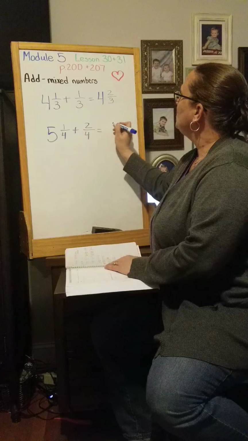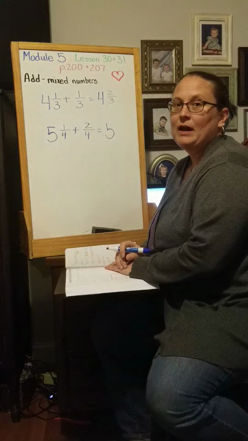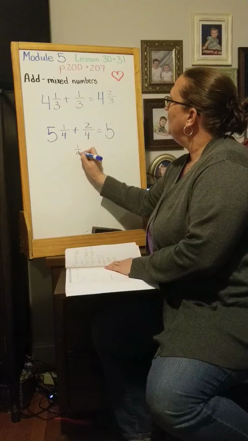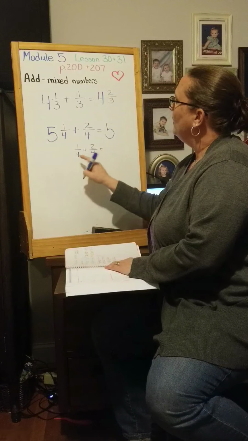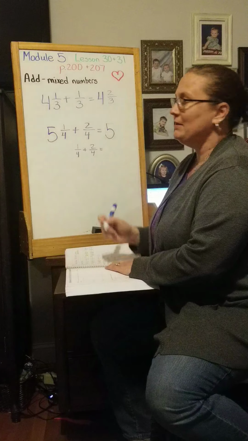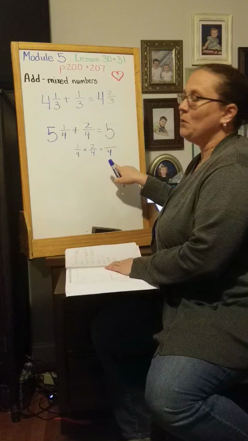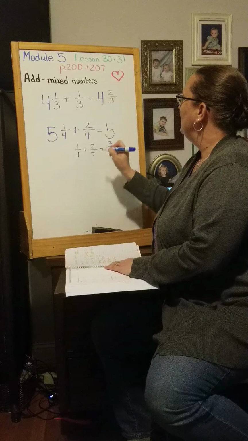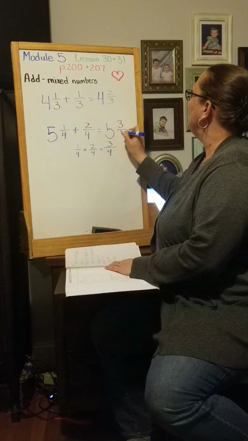So we would have 5 wholes, and then you're going to add your fractions. So again, we have 1/4 plus 2/4. We have a common denominator, so we can just leave our denominator the same. 4ths plus 4ths is 4ths. Add up your numerators, 1 plus 2, 3/4. Okay? So we have 5 and 3/4.